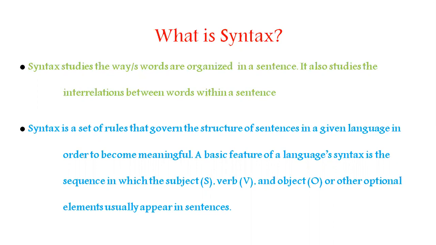In Marathi the verb appears at the end of a sentence, whereas in English the verb occurs in the middle of a sentence. Why is it so? Because we have a different set of rules in each language. Marathi has its own rules of organization of words, and English has its own rules. Likewise, other languages have their own rules of organization.